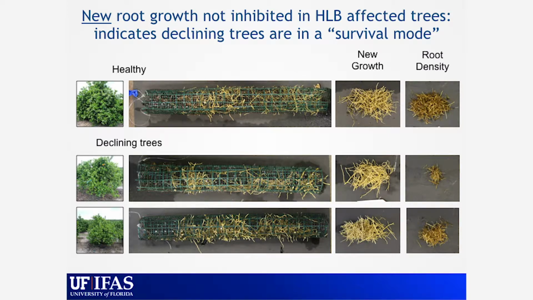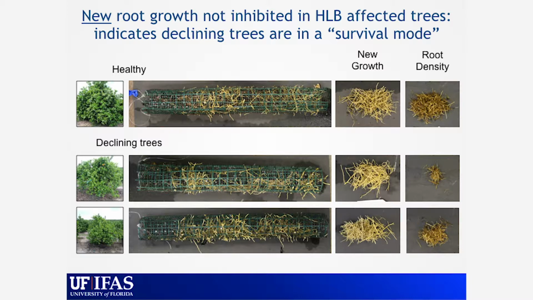But something wholly unexpected was found when he inserted these cages, as he calls them, below the ground, much like Silvio talked about pruning the top of the tree. In effect, inserting this cage into a hole is a root pruning type of treatment below the ground.